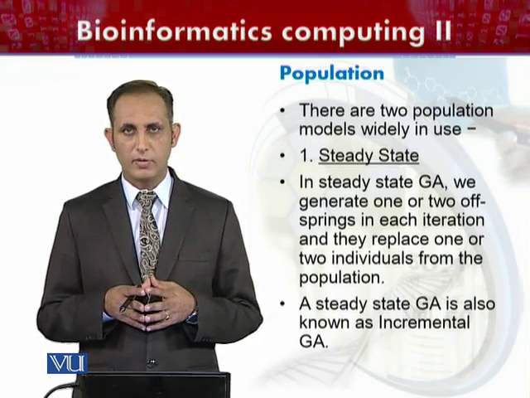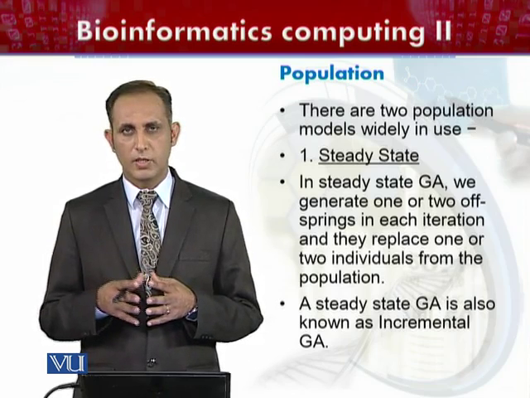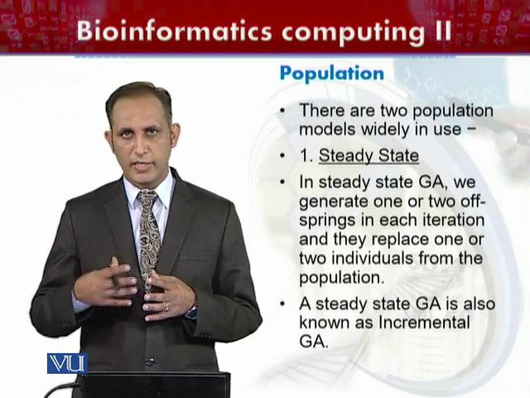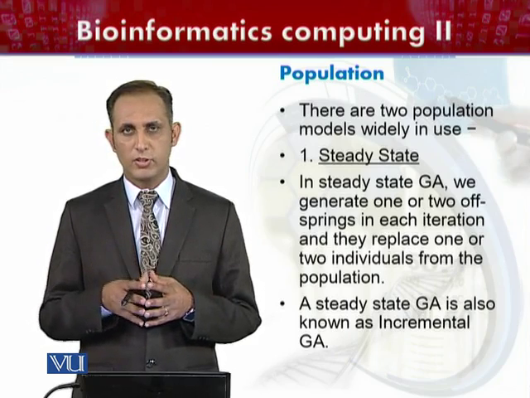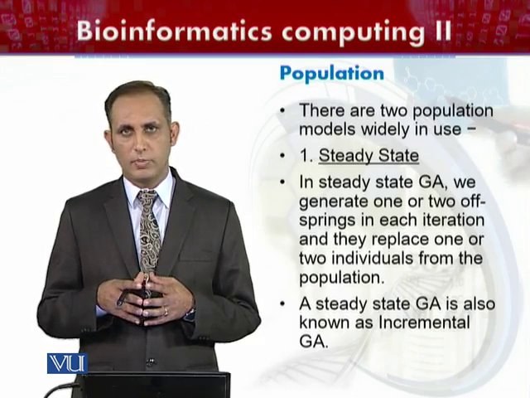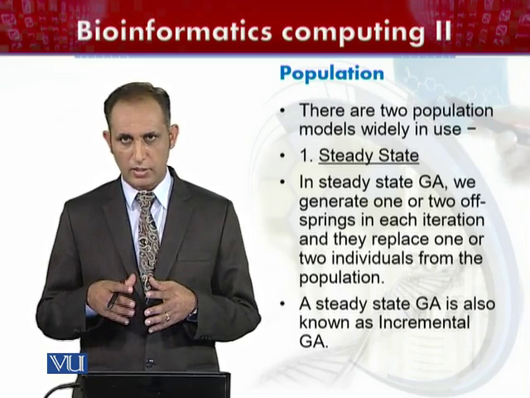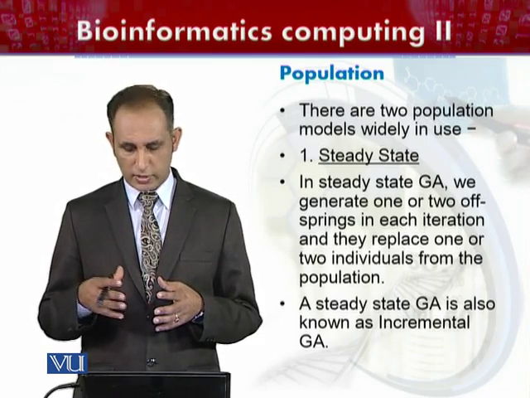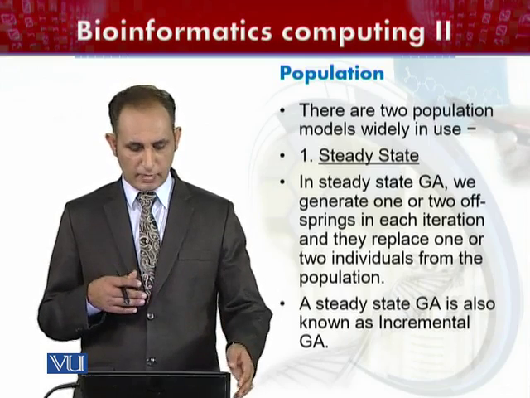In the steady state method, during an iteration, when we generate offspring in the population, we generate one or two offspring, and they go on to replace one or two parents or chromosomes of that iteration. So in steady state genetic algorithm, we generate one or two offsprings, and these offspring replace one or two parents or chromosomes from their generation. So this is called the steady state population method, and it can also be called an incremental method.